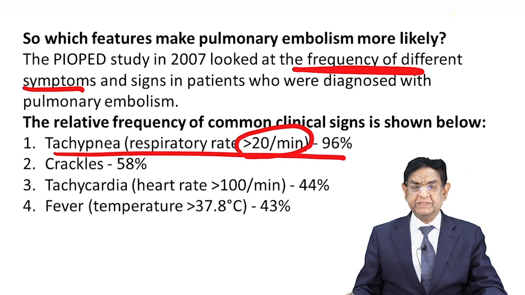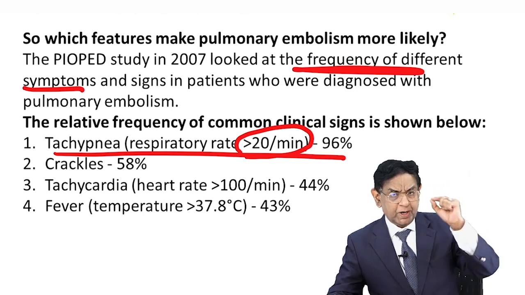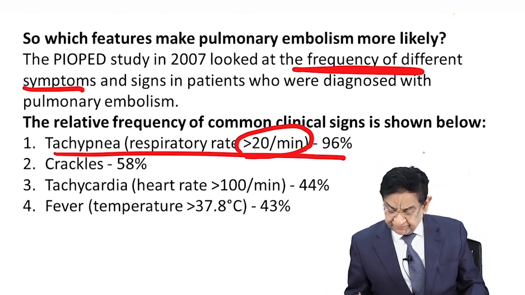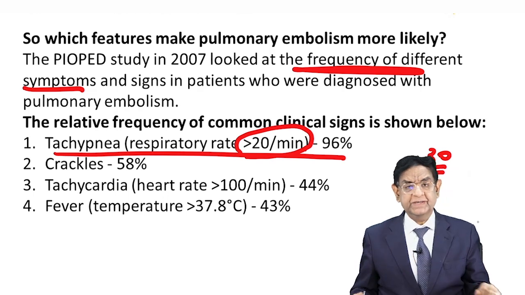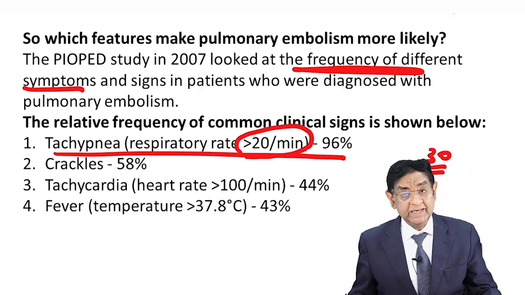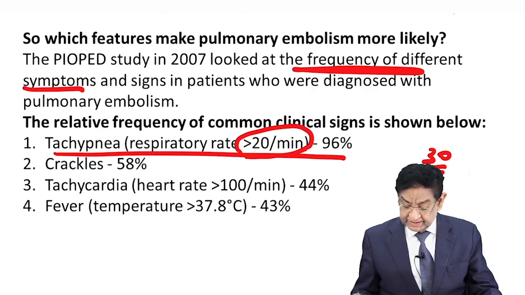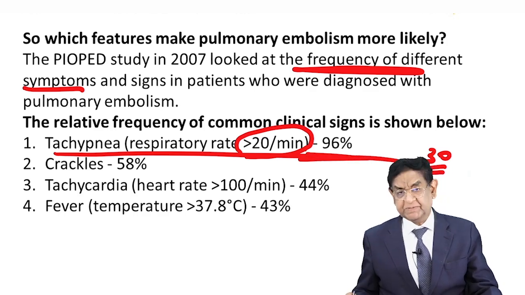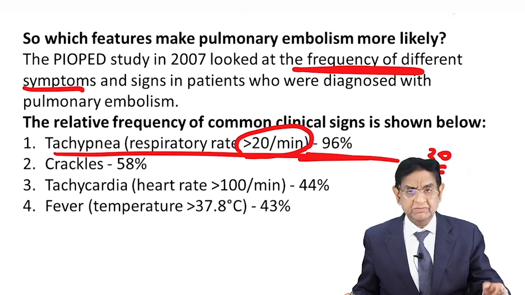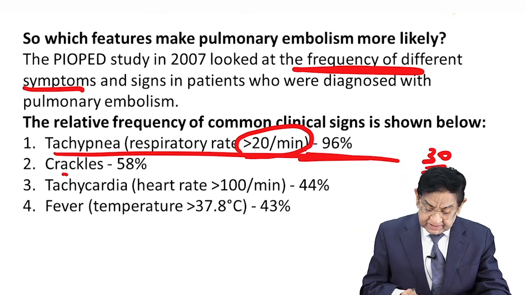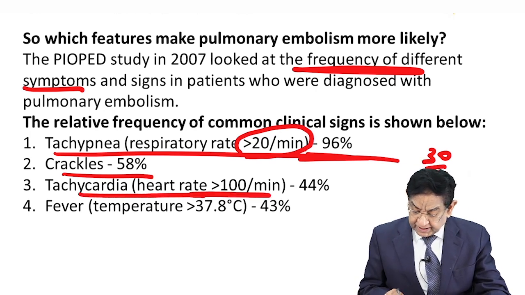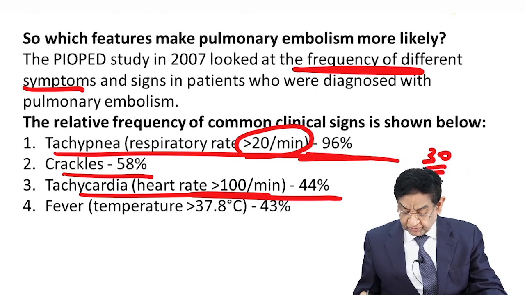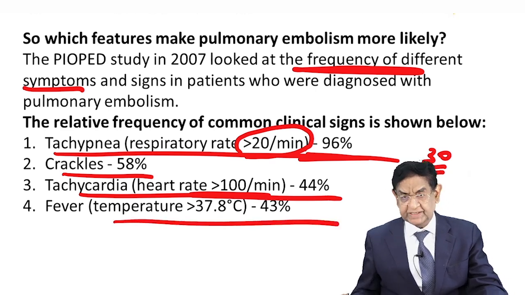In CURB-65 it was 30. Here they are taking 20. Don't make a mistake on this point. Tachypnea, respiratory rate more than 20, is seen in around 96% of the cases, of course, symptomatic cases. Crackles in around 58%, tachycardia more than 100 in 44%, and fever in 43%.